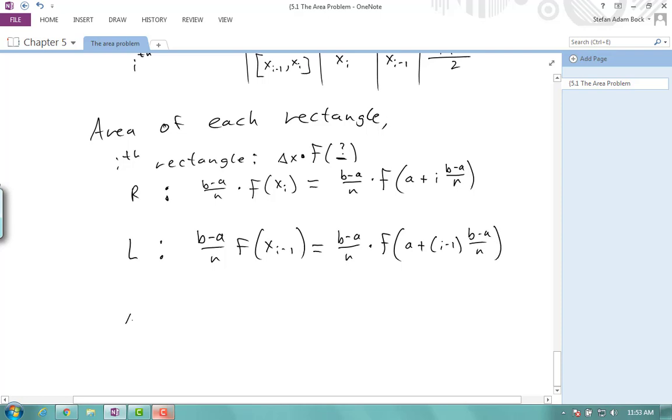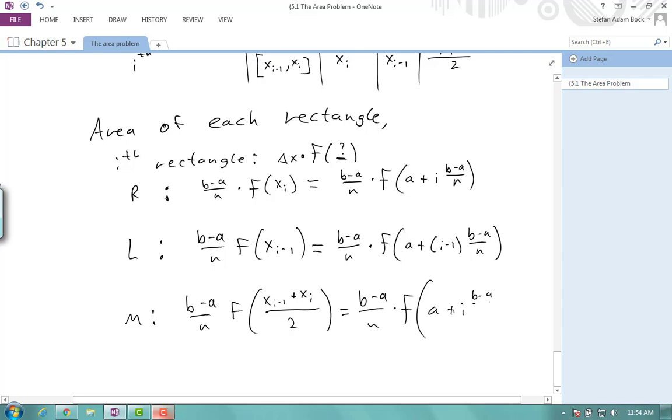And if I want the midpoint, this looks a little bit uglier, because I'm supposed to have x sub i minus 1 plus x sub i, divided by 2. Oh boy. (b minus a) over n times, what is this going to look like in the end? f of a plus i times (b minus a) over n minus (b minus a) over 2n. That's what it'll end up looking like at the very bottom line.